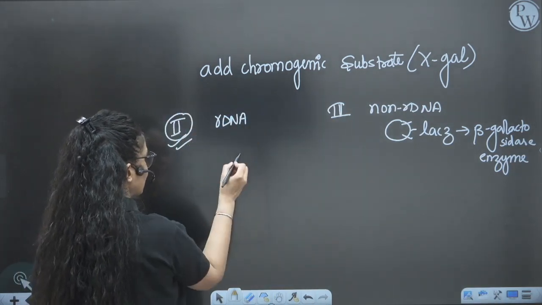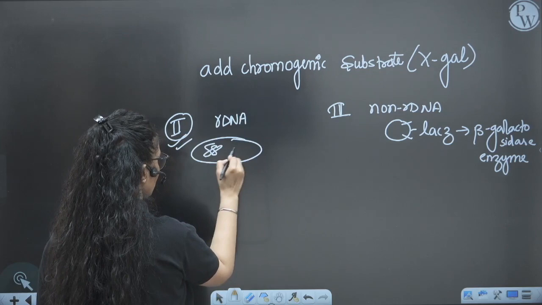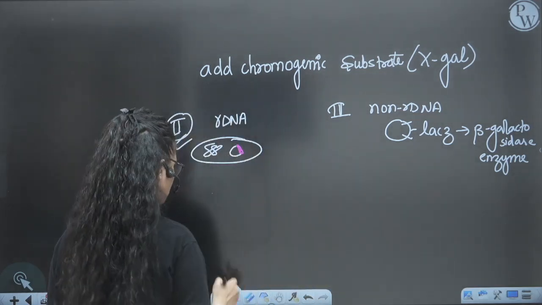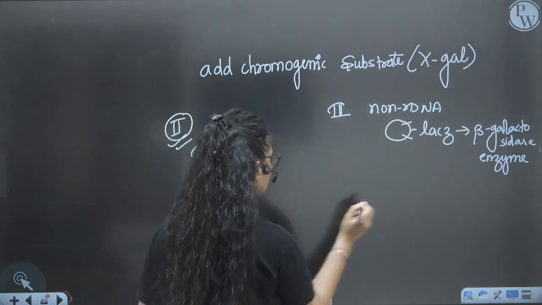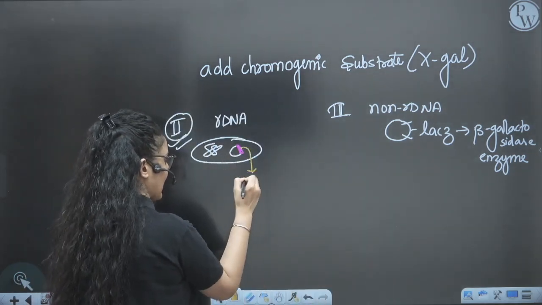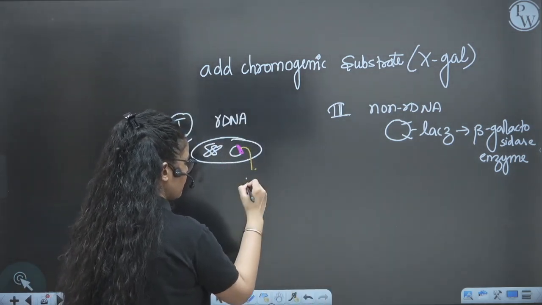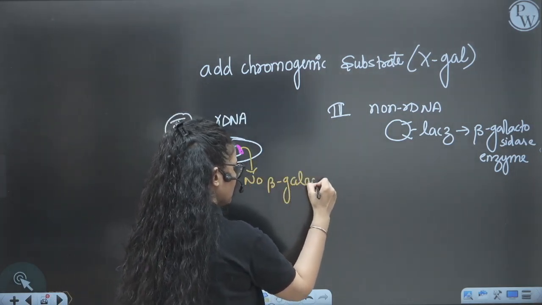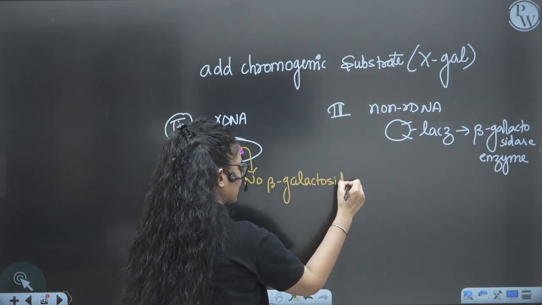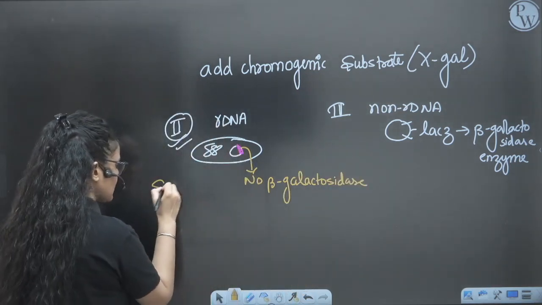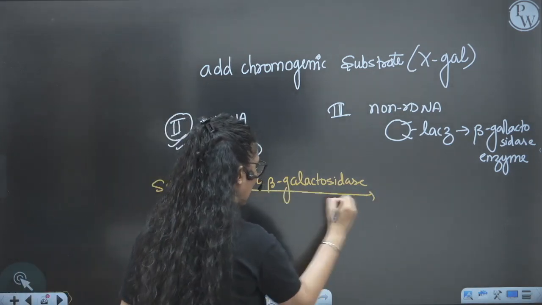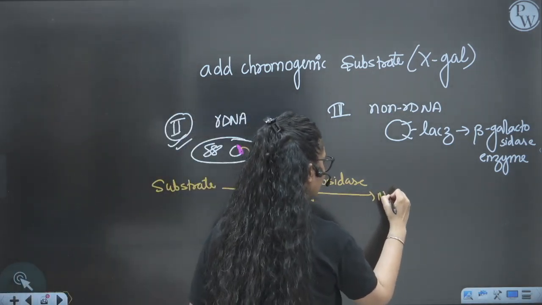And this is the second condition, the host with the recombinant DNA. Now we will grow this host in the substrate. No beta-galactosidase enzyme will be produced here. So the chromogenic substrate, because we don't have any enzyme, will not give any color.